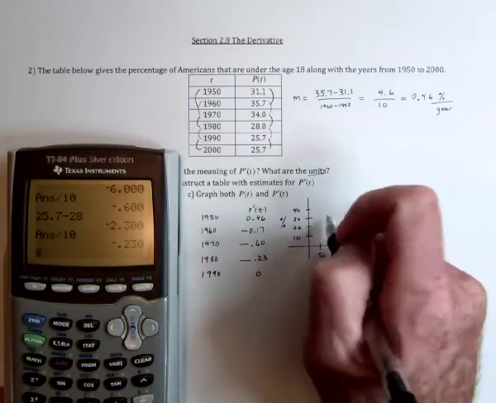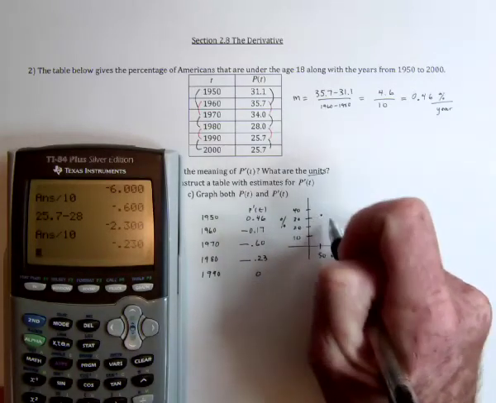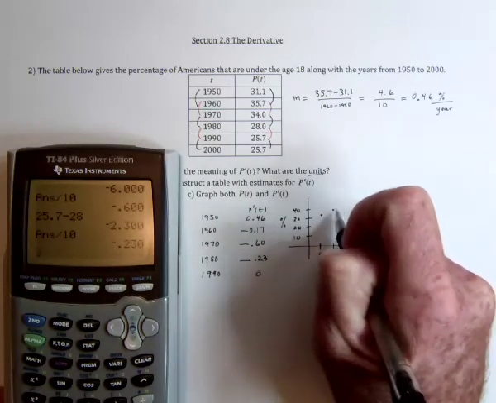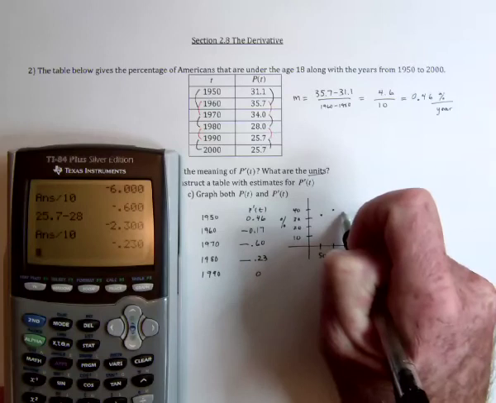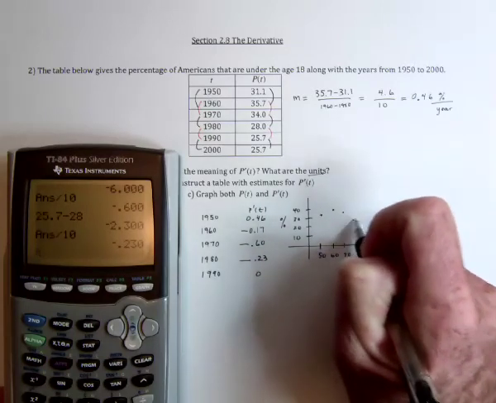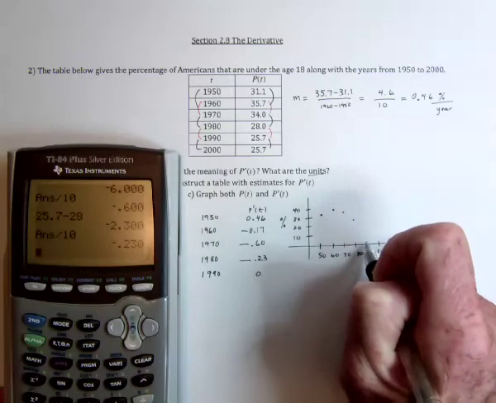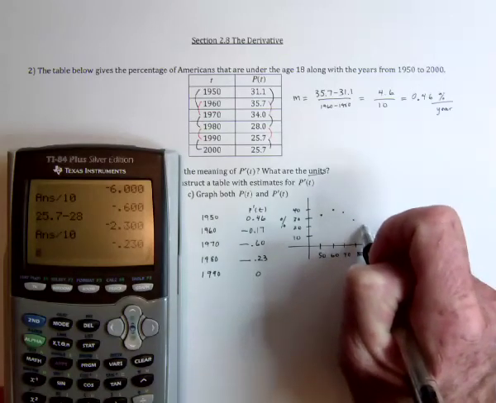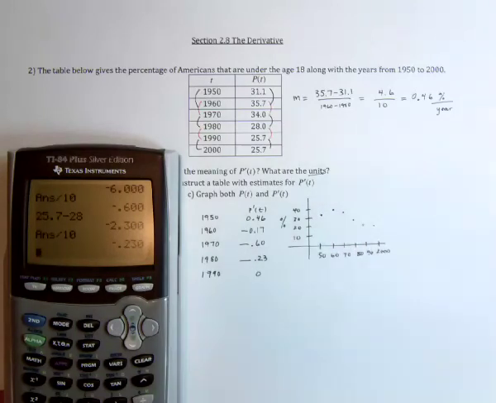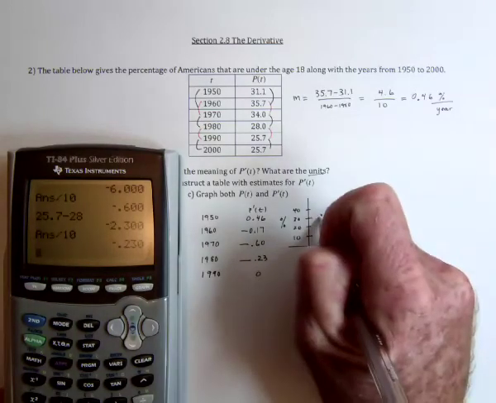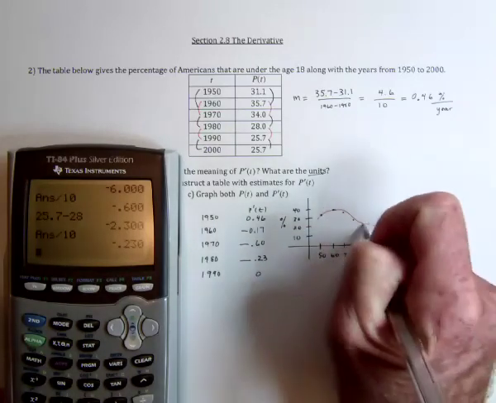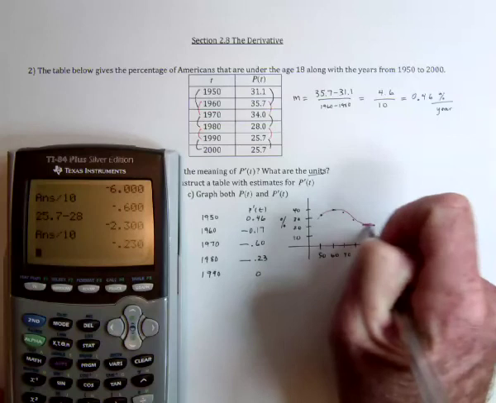So in the 50s, it was 31.1, and then 35.7, and 34, and then 28, 25.7, and 25.7. So until the very end, it was looking sort of like a parabola, and then leveled off.